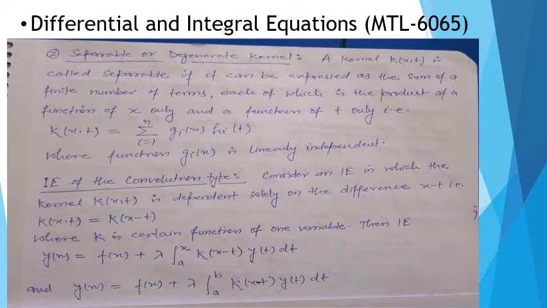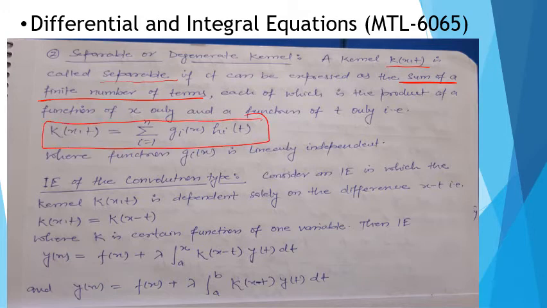What is a separable kernel or degenerate kernel? A kernel K(x,t) is called separable or degenerate if it can be expressed as a sum of a finite number of terms, each of which is a product of a function of x only and a function of t only. That is, K(x,t) is written as the summation over i from 1 to n of g_i(x) h_i(t), where the functions g_i(x) are linearly independent.